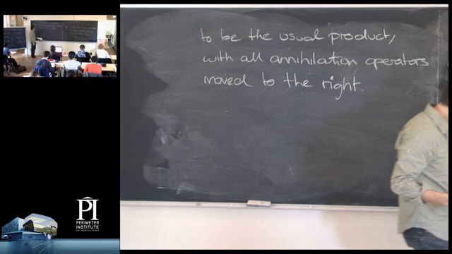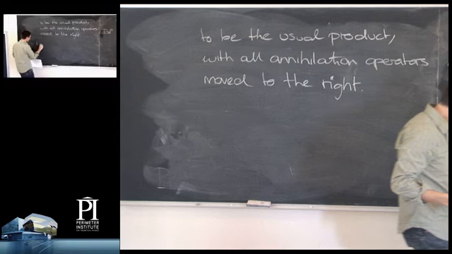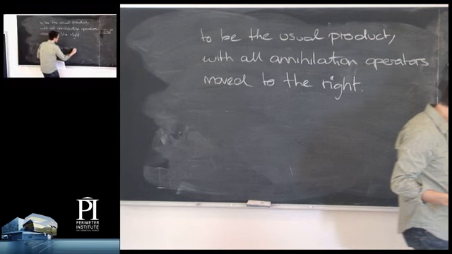Okay, so in particular, this is just a definition. I'm not going to argue why this is useful at the moment. It's just a definition, but in particular, the Hamiltonian we've chosen could be written unambiguously in this way.